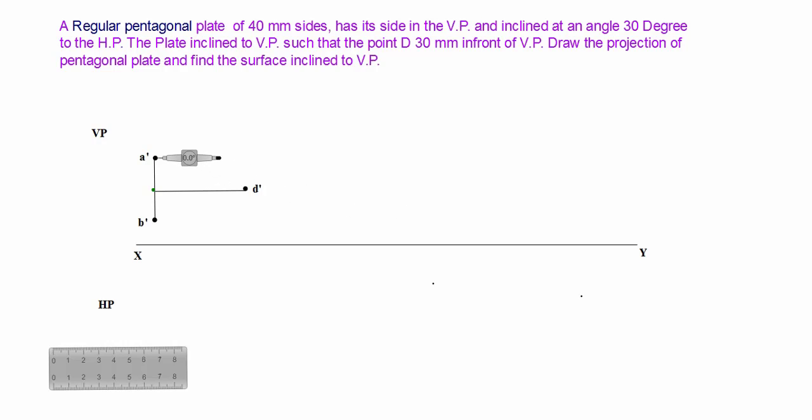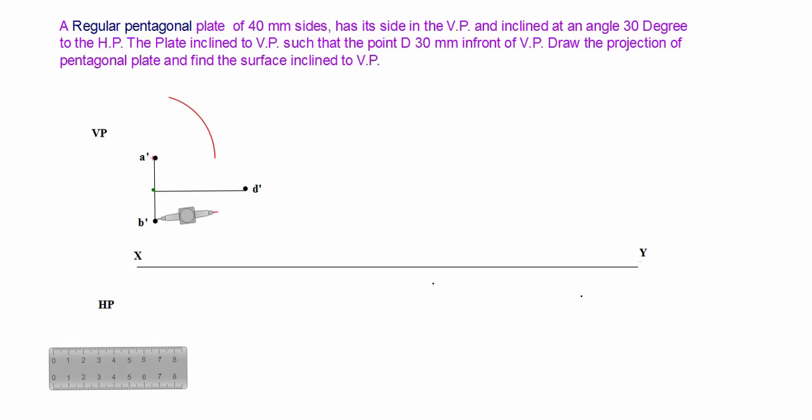Now we choose the compass with 40 mm radius and we draw the arc on one side of A. Similarly, you can choose your center B and draw the arc on both sides.